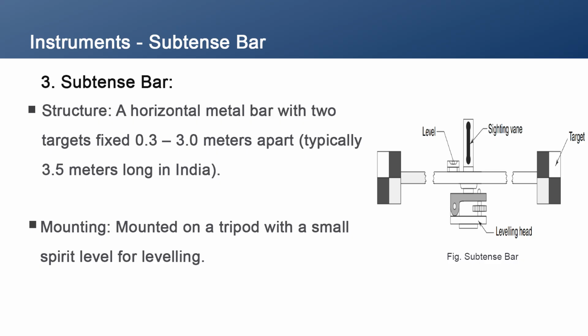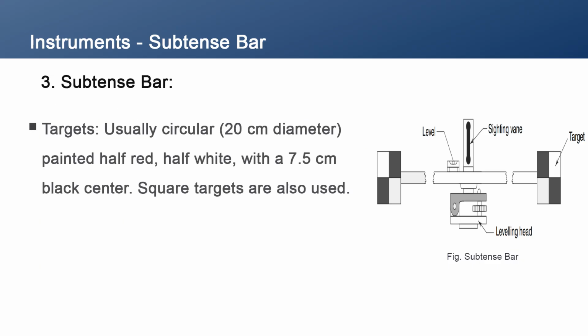Mounted on a tripod, the bar is levelled using a small spirit level, then clamped securely in place. The targets, generally 20 cm in diameter and painted in contrasting colors, assist in measurement accuracy. Some targets are square as shown in the diagram.